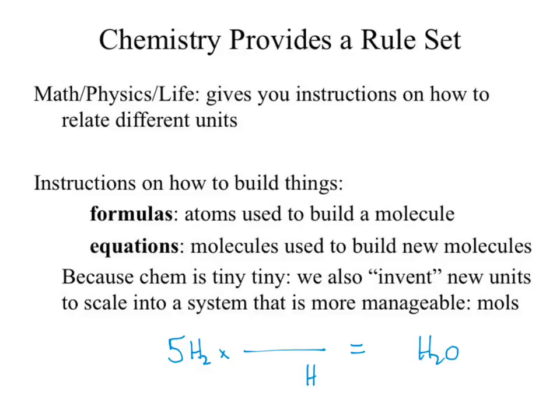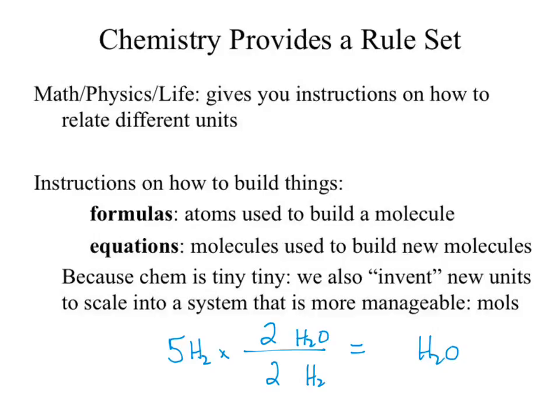Well, I wish there was a conversion factor that would allow me to convert hydrogen to water. What did the balanced equation give me? For every 2 hydrogens, I have 2 waters. What happens when I multiply 5 times 2? I get 10. Divided by 2? 5. How many water molecules do I produce when I have 5 hydrogens? 5. The balanced equation gives me a conversion factor.